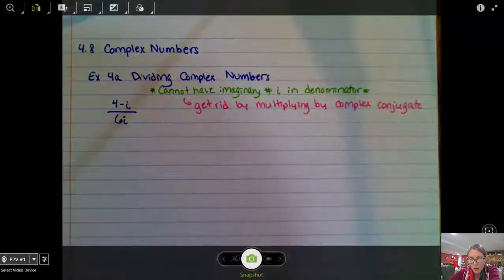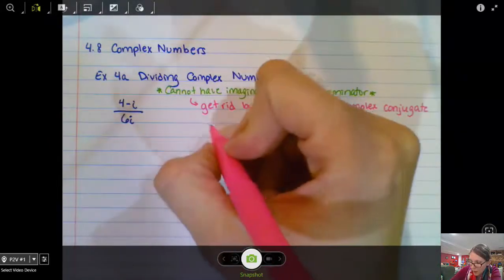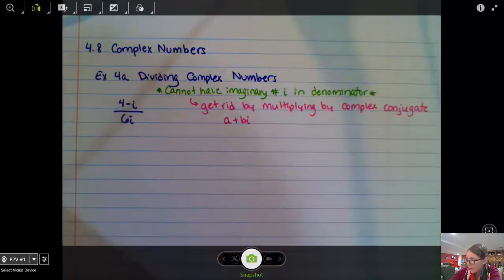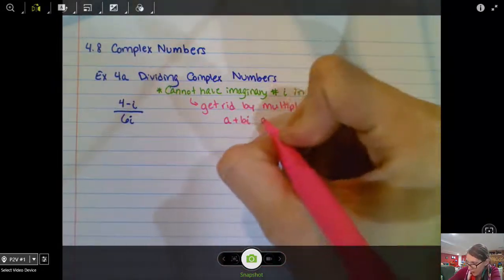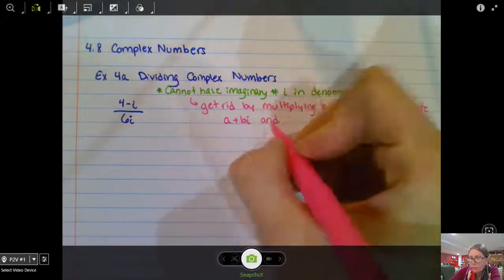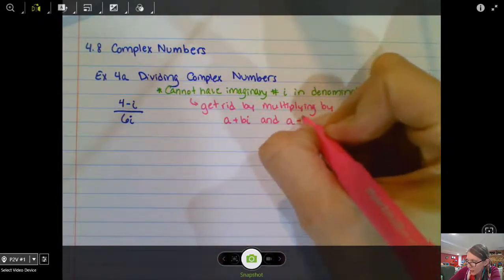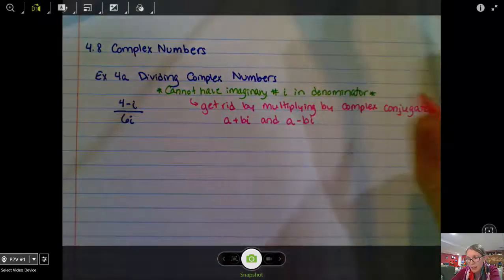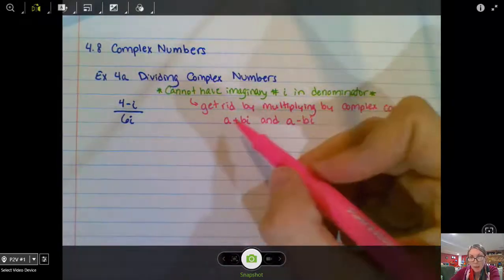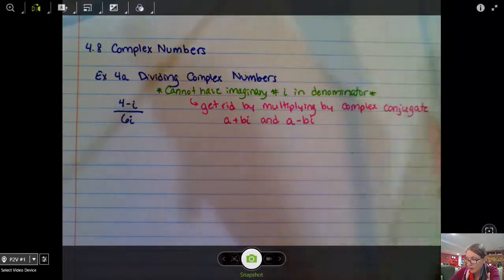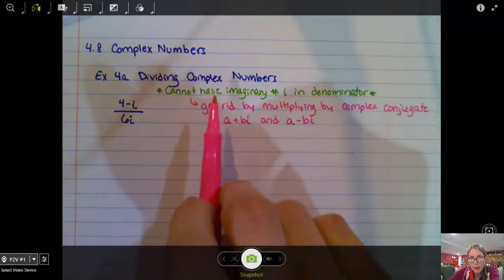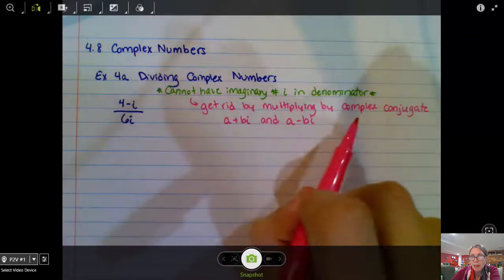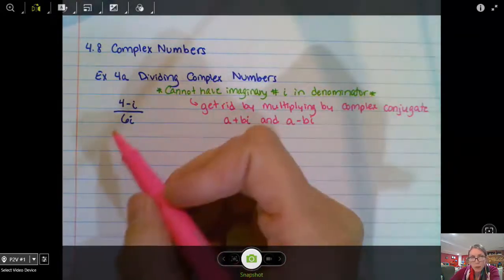Now, we talked about how complex numbers are written in the form a plus bi. The complex conjugate to a plus bi would be a minus bi. So this word conjugate really just means we have the same thing, but the opposite sign in the middle. Now, like I mentioned, we can get rid of any imaginary in the denominator if we multiply by the complex conjugate, which is what we want to do here.